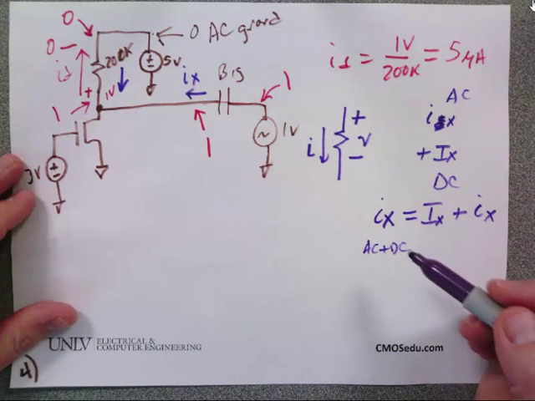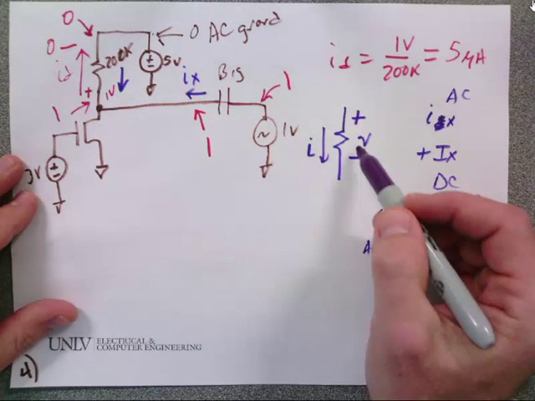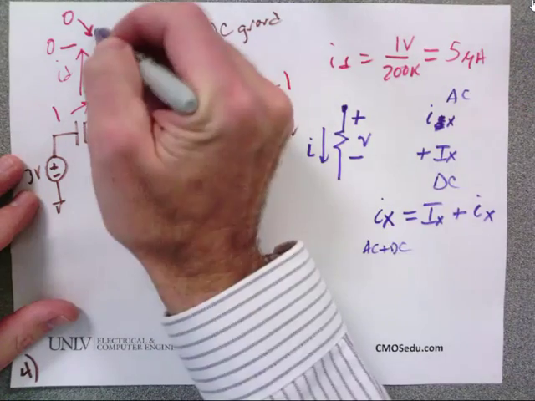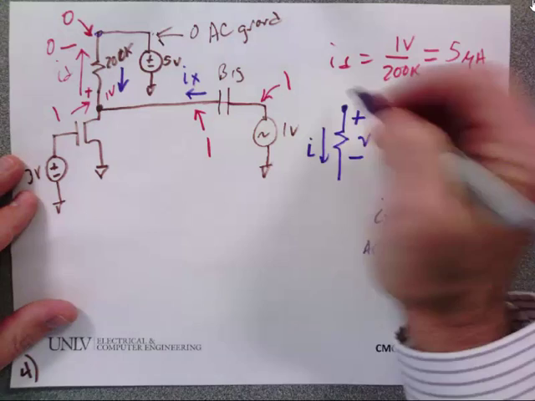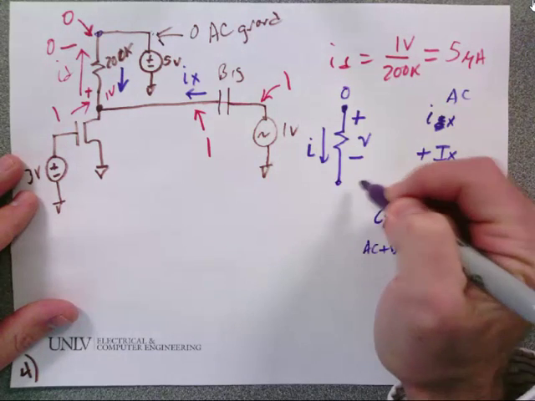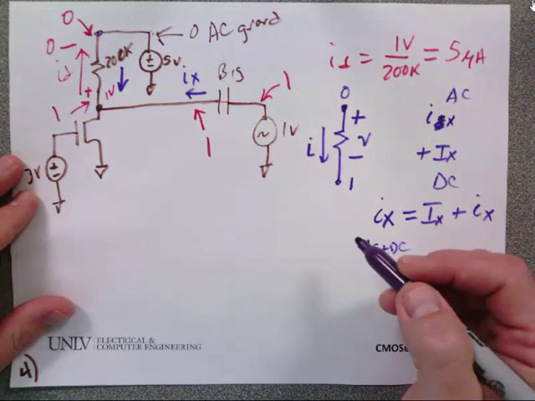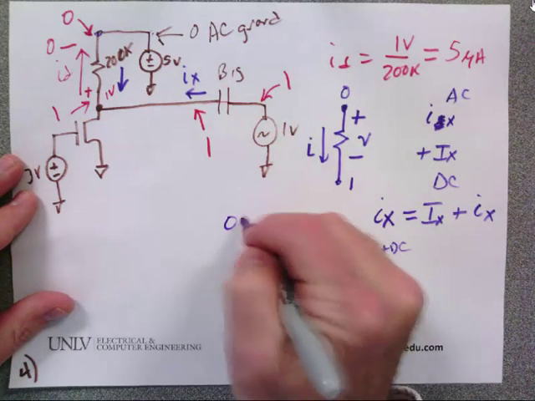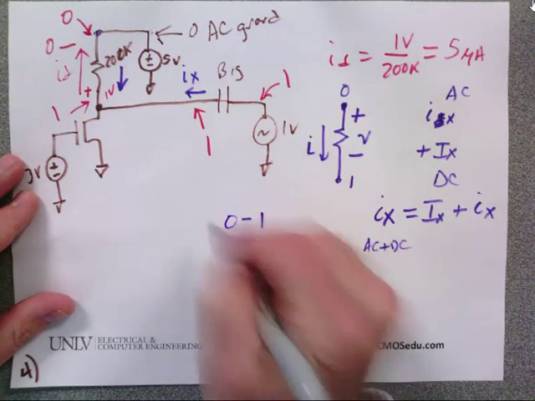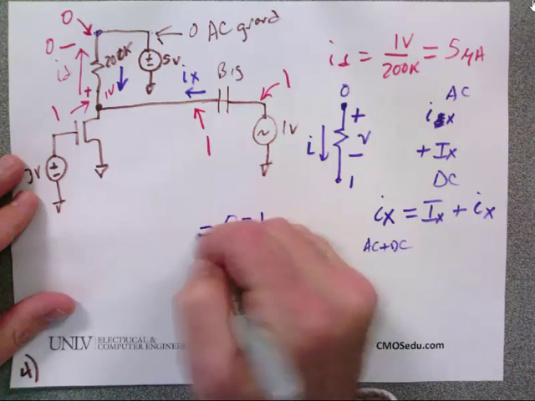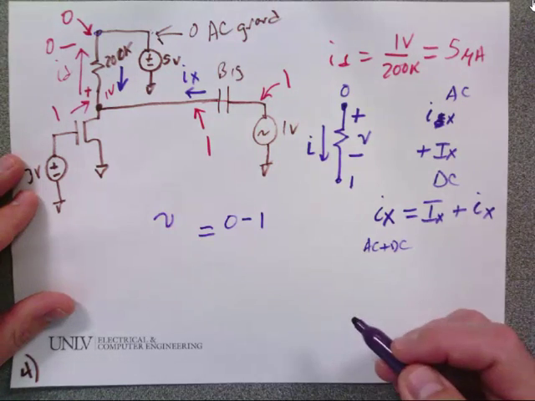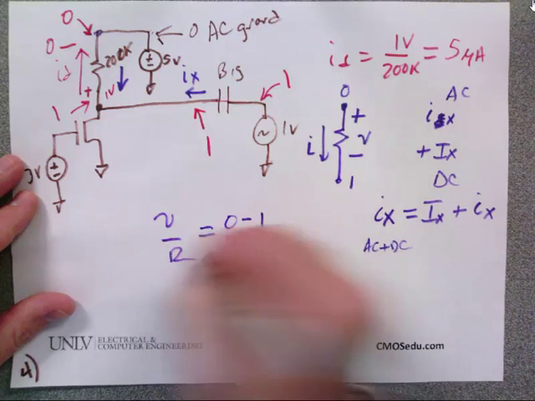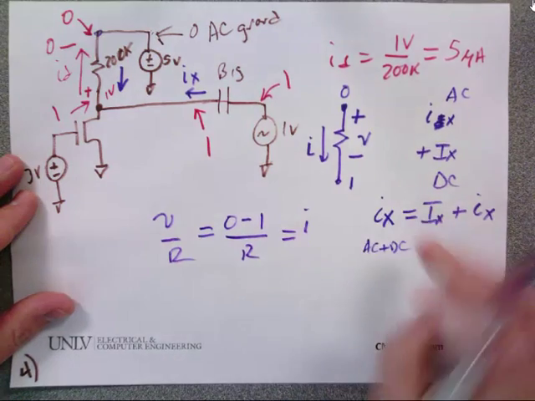Okay, so let's go and finish this. What is the voltage here in this circuit? What is this voltage? And what is this one? So what is the current? Well, let's see. 0 minus 1 is equal to V, and that's divided by R, and that's equal to I. So I always come back to that.